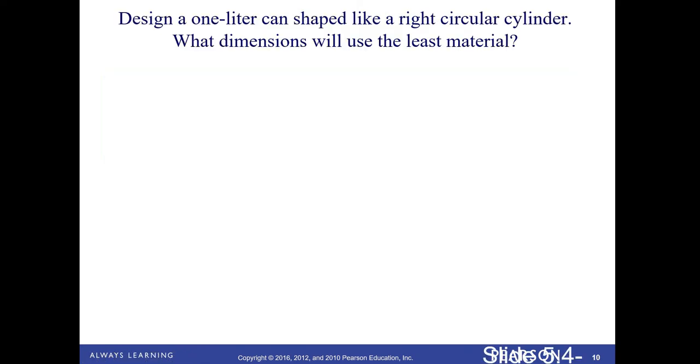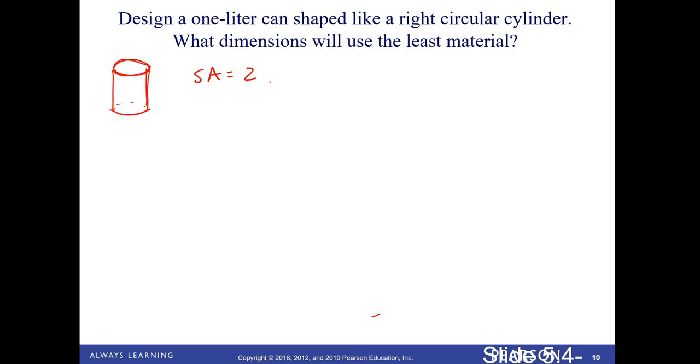Let's do this one. Design a 1-liter can shaped like a right circular cylinder. What dimensions will use the least material? So let's draw a picture, and I'm constructing this can, and I want to know, how do I use the least material? Well, the material to make a can is going to be our surface area. The surface area of the cylinder is the top plus the bottom, and those are circles.